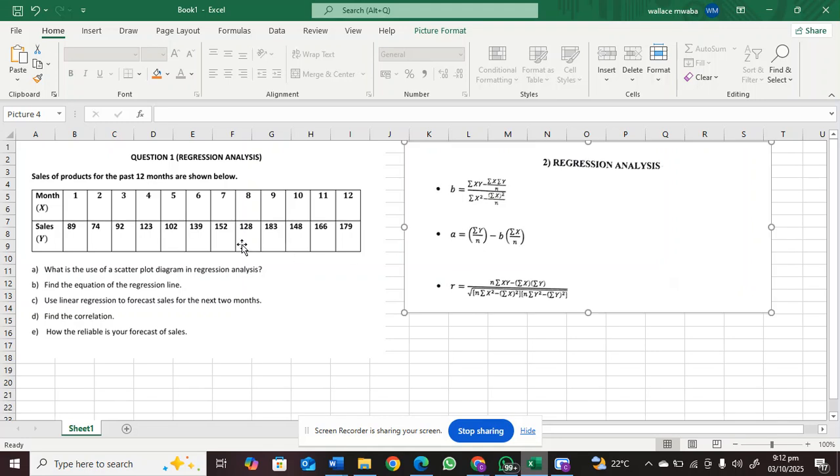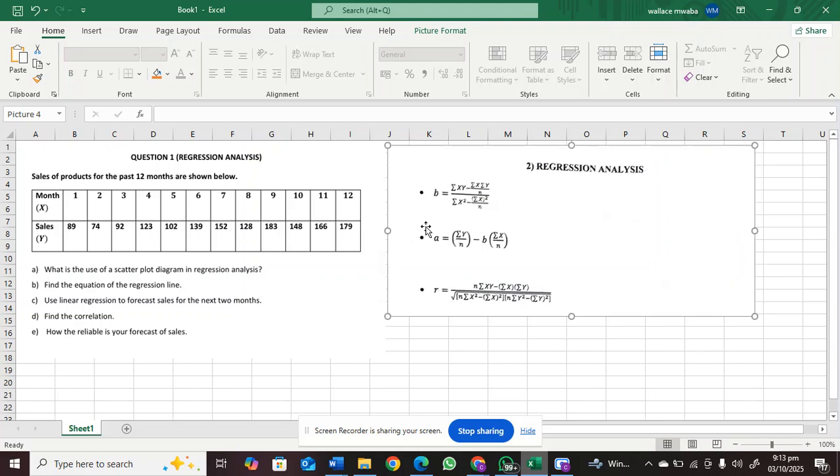As I start making my table and doing the calculations, I'm going to show the graph so that you can see visually if there is a relationship between the sales and the month. But the purpose of the scatter plot diagram is just to show you visually the type of relationship between the two variables.